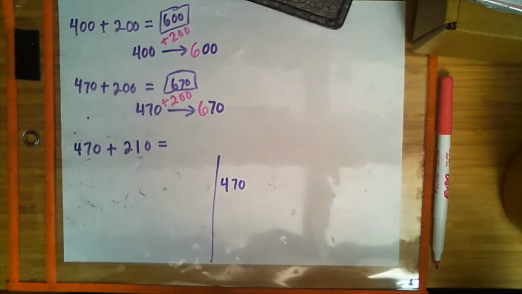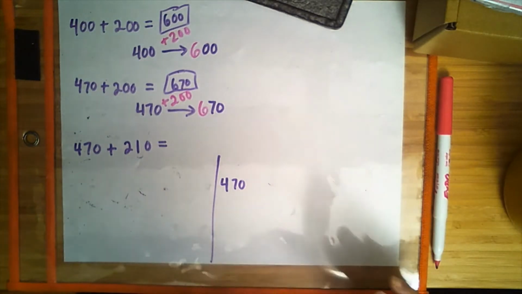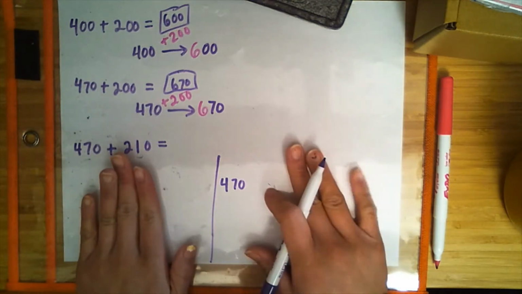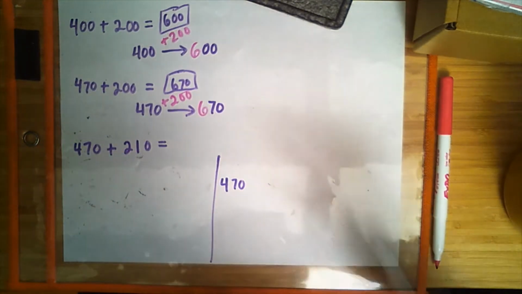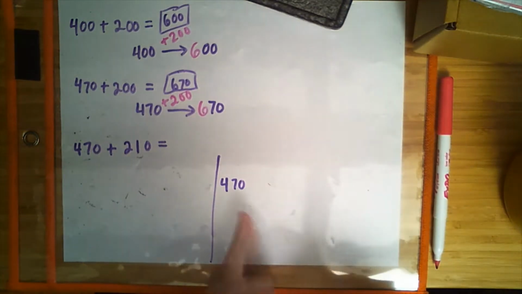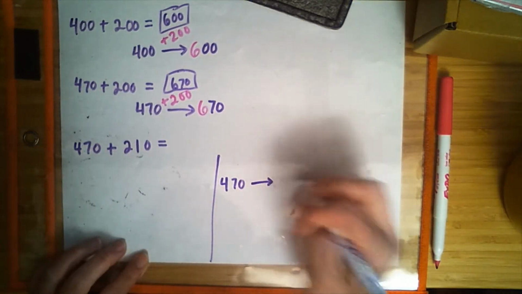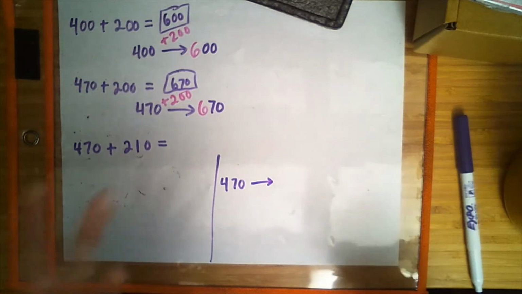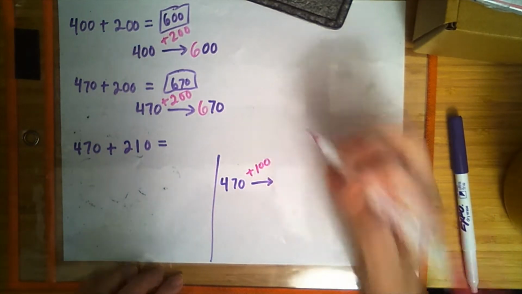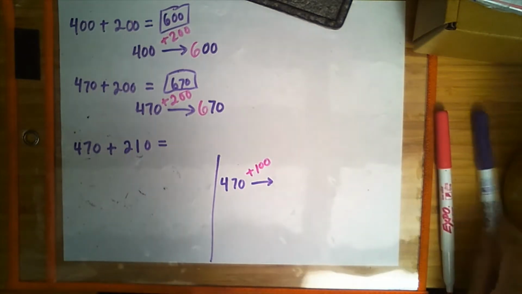All right, friends and families. So there are two ways that we can solve this. We can solve this with our mini number bond, which I will do on the left side, or we can solve it with the arrow way. Let's begin by doing the arrow way first. With the arrow way, I'm starting with 470, and then I know that I'm adding 210 more. So I'm going to add 100 out of the 210.